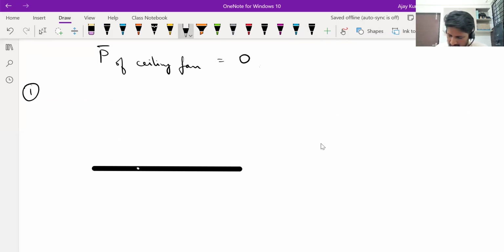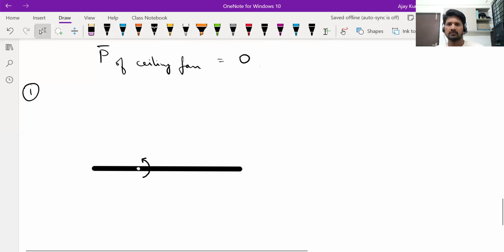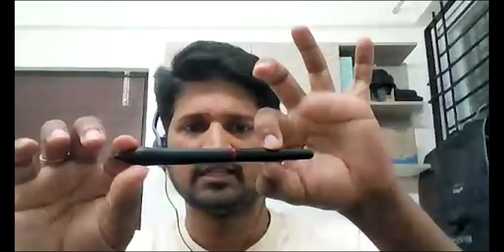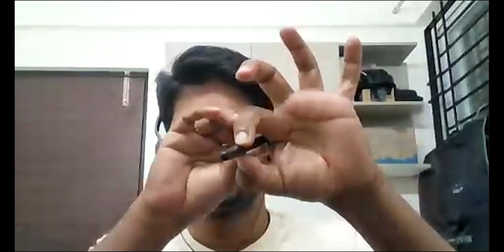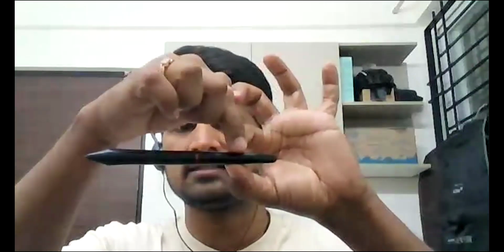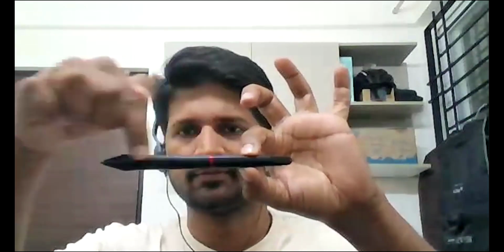That means the rod is free to rotate around this axis, but that axis should not move. For example, this pen, suppose I clamp it here. Now I'm restricting it to rotate like this. This point of the pen remains stationary, the other points move.